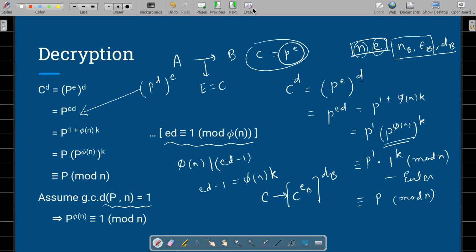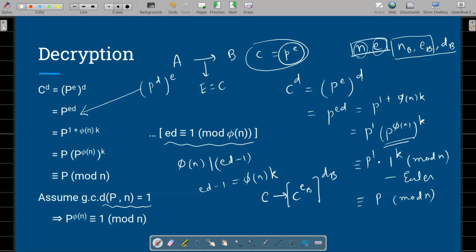So how come B gets to know all these things, but Eve can't do it? Can you repeat that again? It's because B has selected his own N and E, so B knows D for his E, right?